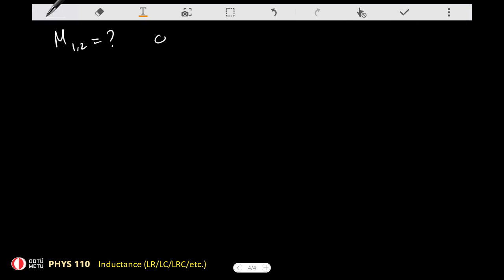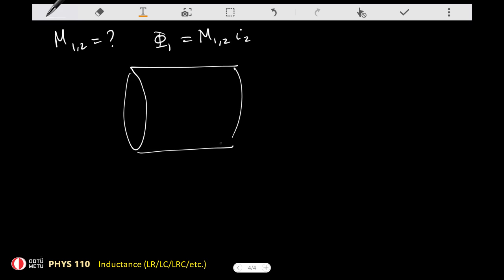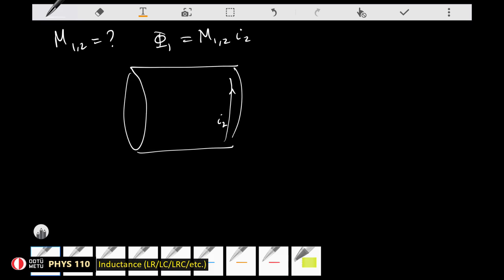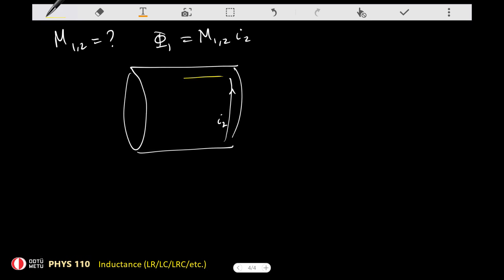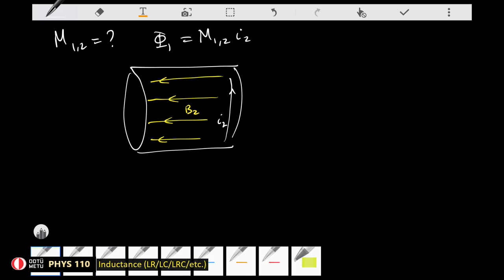Again, let's remember that this is the coefficient that appears when I express phi1 in terms of I2. So that means I need to consider this big solenoid in here. Suppose that there's a current I2 passing over it. So therefore, this is going to produce a magnetic field B2.